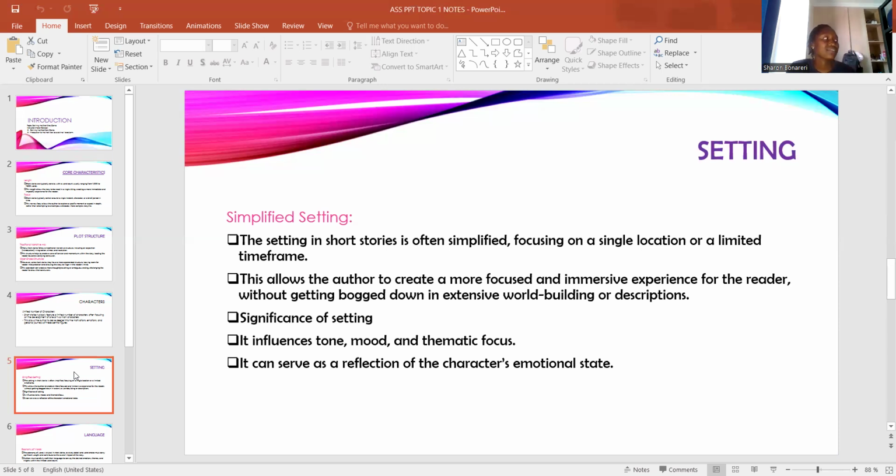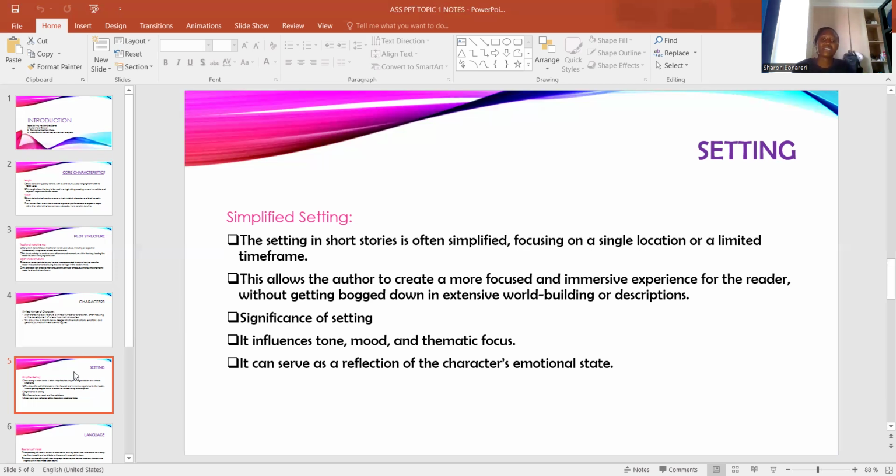You'll find they are focusing on just one specific area. This allows the author to create a more focused and immersive experience for the reader without getting bogged down in extensive world building or descriptions.